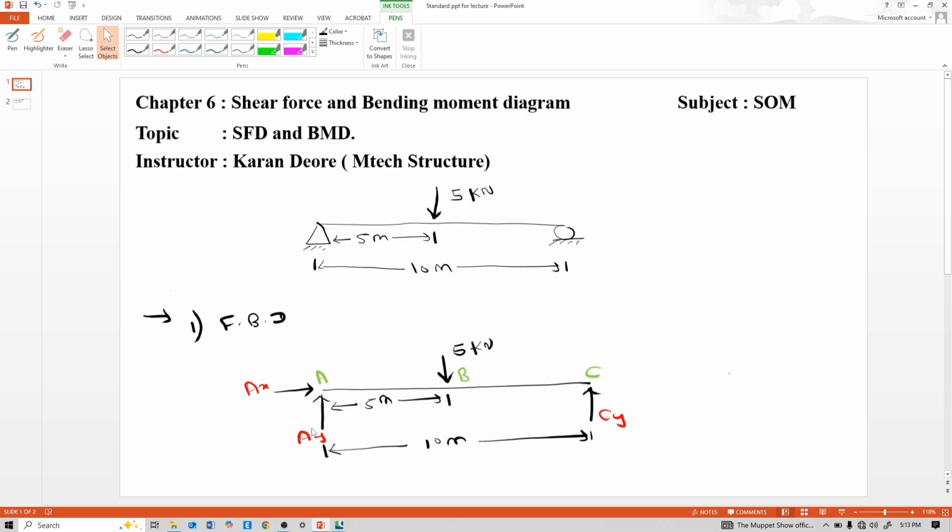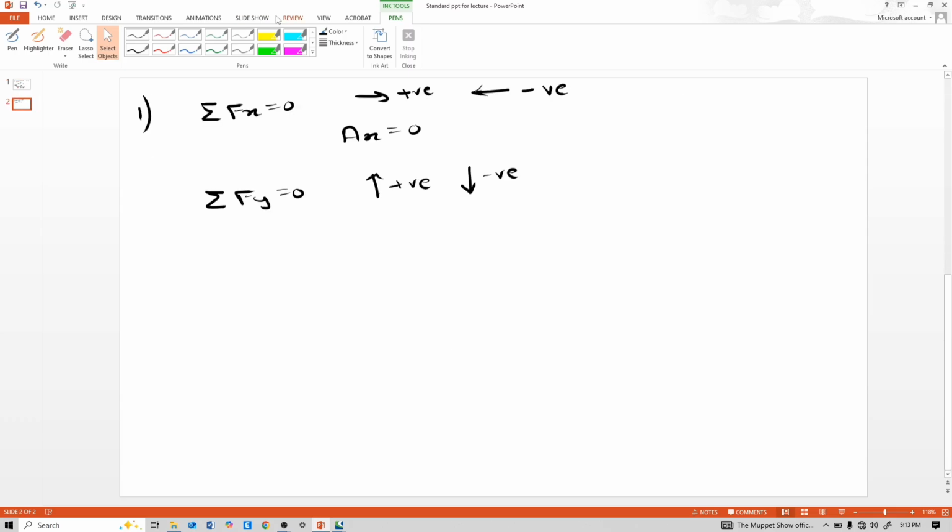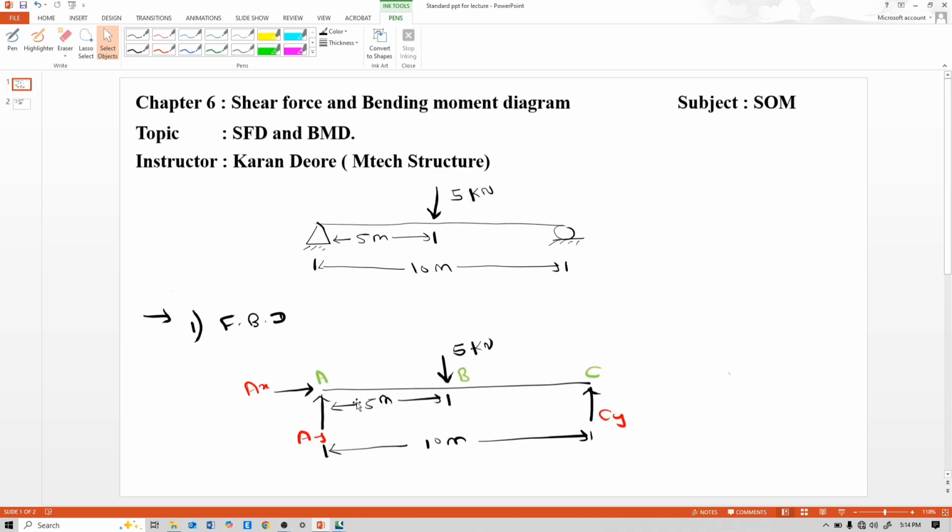AY plus CY minus 5, this AY, this CY, and this is minus 5. That means AY plus CY equals 5. So we need to calculate one of them, AY or CY.